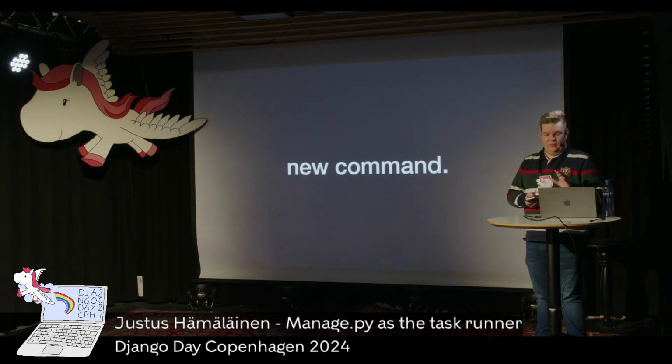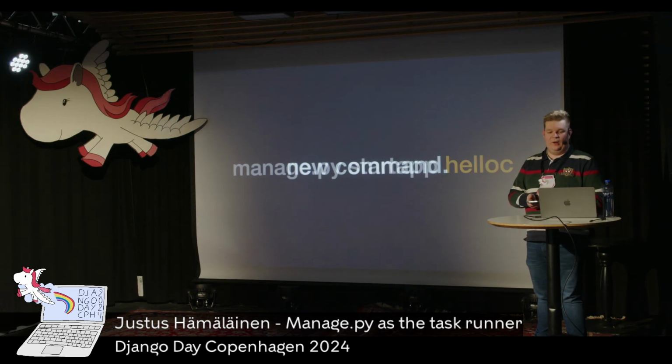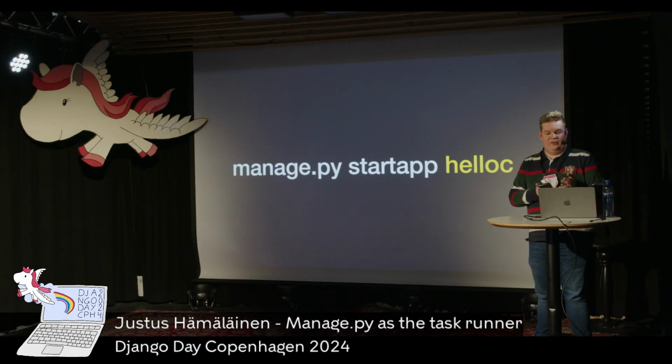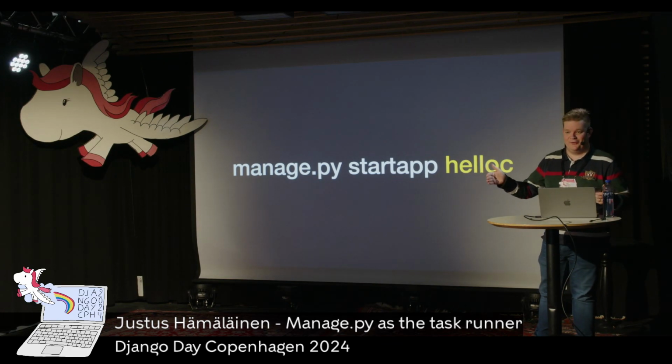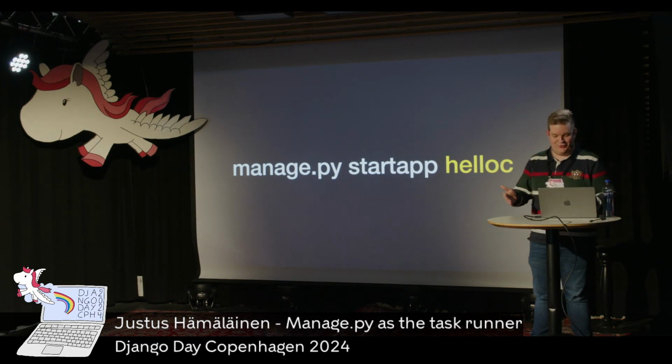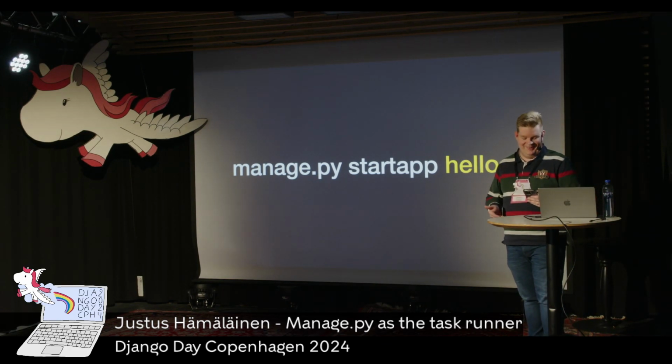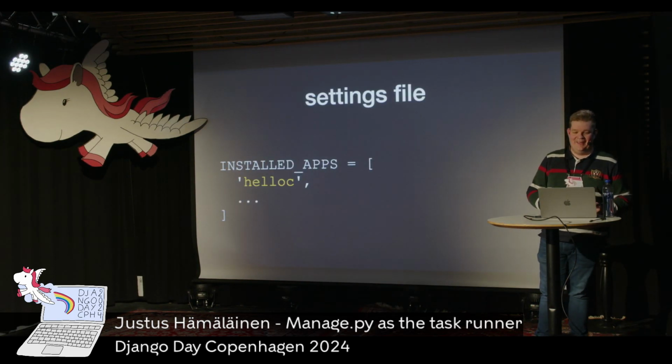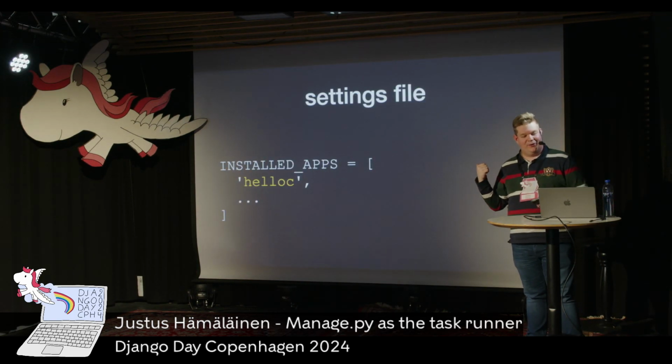So to create a new command, we'll first need to create an app. Let's call it hello_c. It would be hello command, but I don't have enough horizontal space with the font size I'm using, so we'll have to use short names. Then in the settings file, we'll add the hello command app.